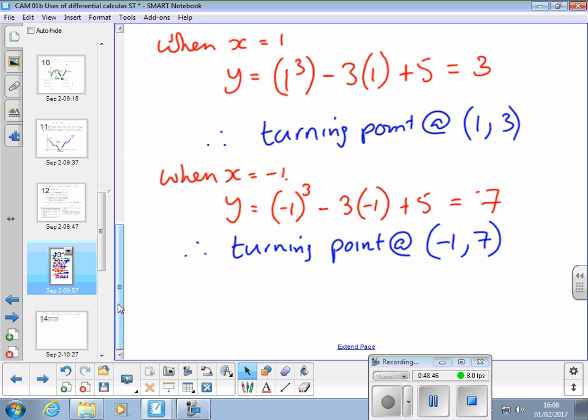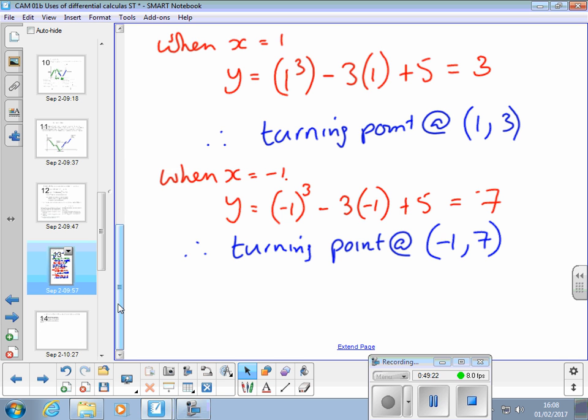Options. We can look either side, so we can look at 0.9 for instance, to find out if that's a minimum or a maximum. We could do the same with this one, either side of that. So if x is minus 0.9 and minus 1.1, see whether the slope is positive or negative, how it changes.